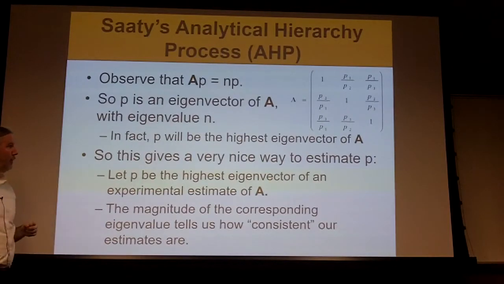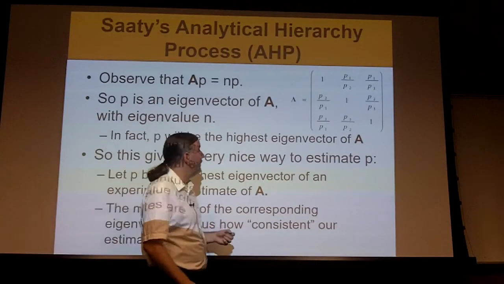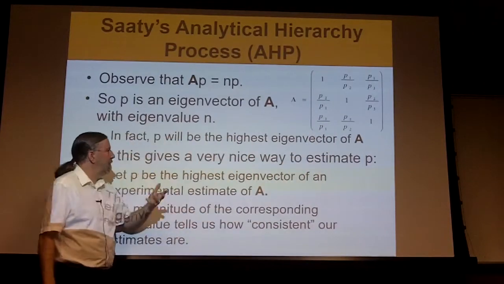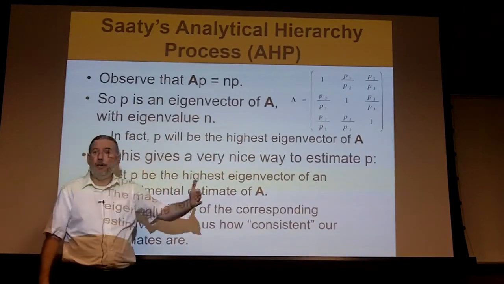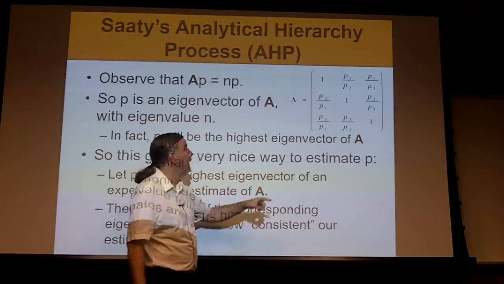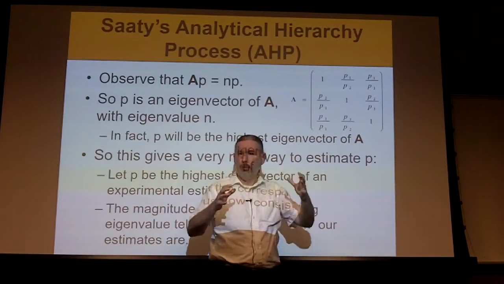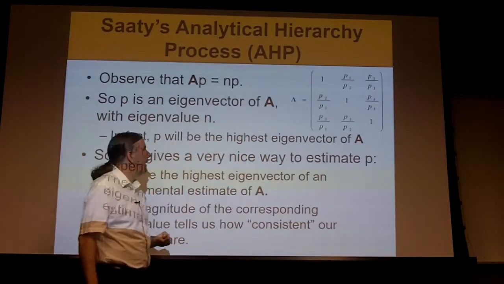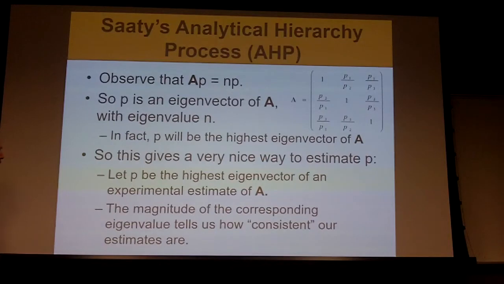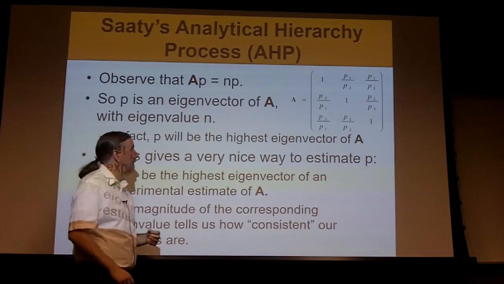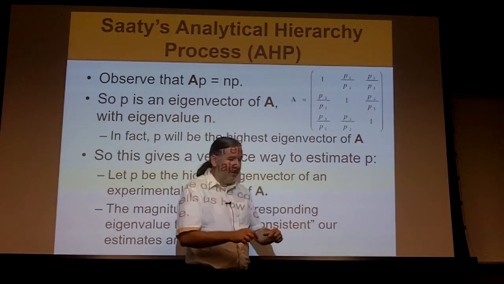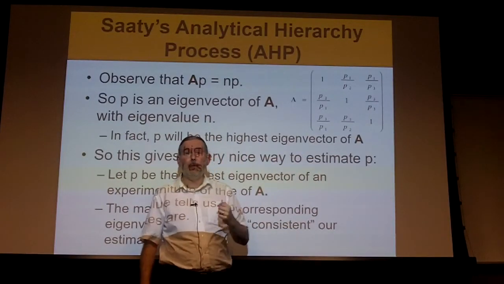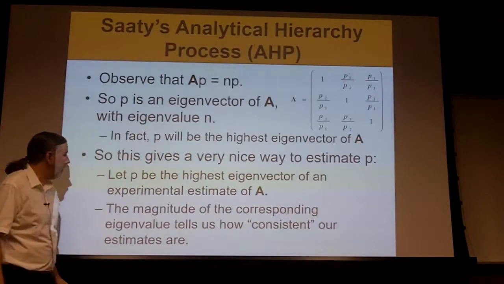Since we're probably dealing with an approximation of this matrix, because I've done experiments to estimate these quantities, the principal eigenvalue may not be n, but the larger it is, the more I believe the results, the more this matrix is judged to be consistent with itself in terms of having this exact structure. Sometimes this is called Saaty's analytic hierarchy process. It's a mouthful, but it's a way that you can use eigenvectors to come up with a single ordering based on pairwise comparisons, which has a lot of applications in different domains.